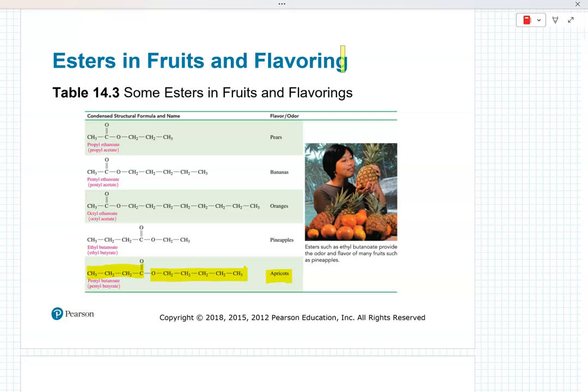If you combine butanoic acid and ethanol, the regular drinking alcohol, pineapples. And different combinations will give you different smells. For instance, propyl acetate will smell like pears, and pentyl acetate will smell like bananas. Okay?